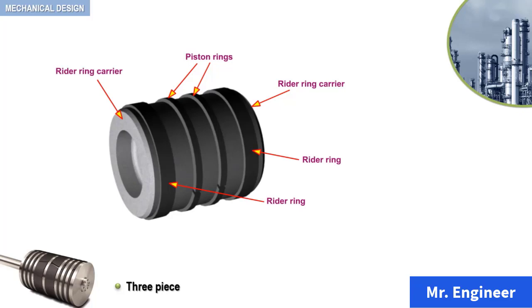Starting our way from left to right, you can see that the piston is equipped with a rider ring carrier, a rider ring, two piston rings, a second rider ring, and a second rider ring carrier. Rider rings and piston rings will be covered in detail in a later video. Let's now dismantle the piston and observe the cross-sectional view of it.